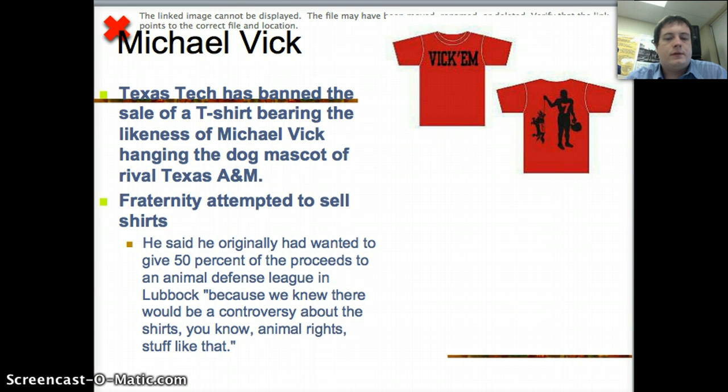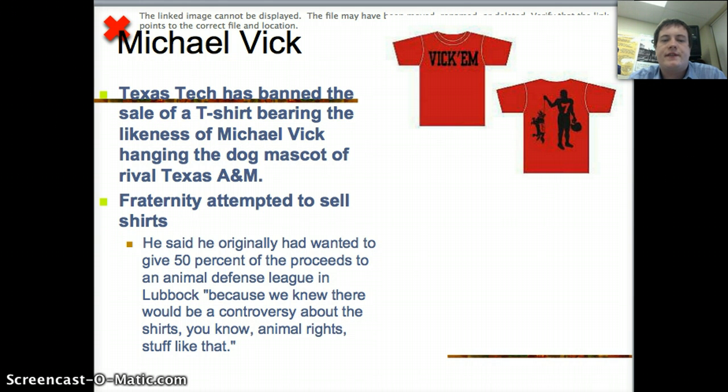You might remember Michael Vick, who got in trouble for dogfighting. Here you see Texas Tech. They had banned the sale of this t-shirt, bearing the likeness of Michael Vick hanging the dog mascot of rival Texas A&M. A fraternity had been selling these outside in the parking lot.